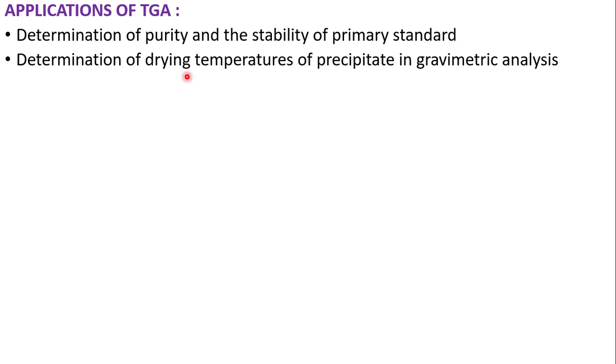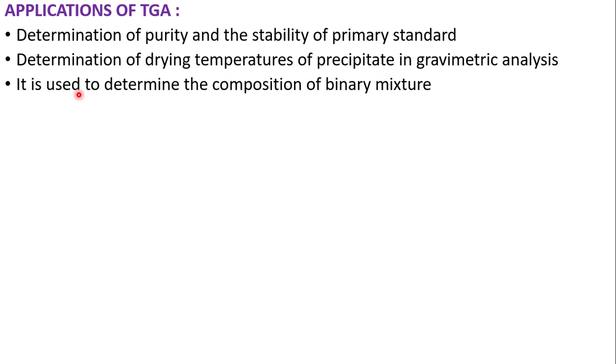Application of TGA. Determination of purity and the stability of primary standard. Determination of drying temperature of precipitate in gravimetric analysis. It is used to determine the composition of binary mixtures, for example, a mixture of calcium oxalate and magnesium oxalate.